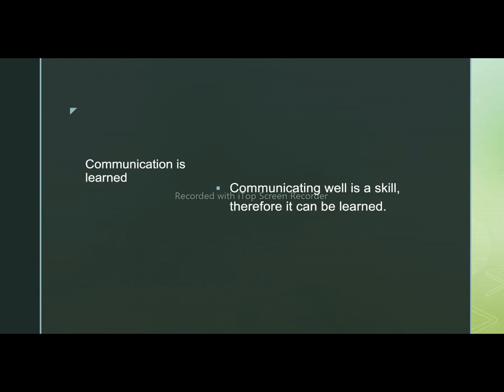Also, communication is learned. We are not born able to communicate. A child cries, a child wails, not a whale, ha.